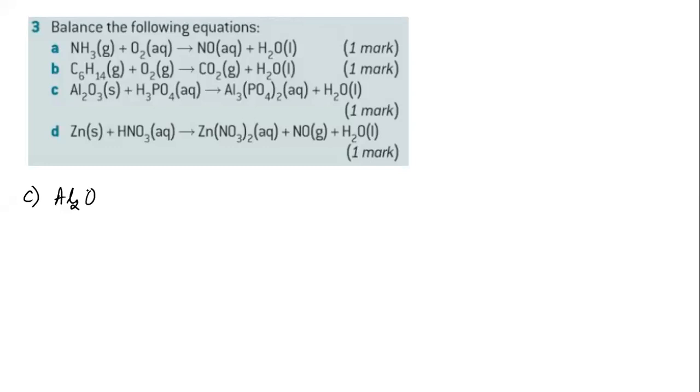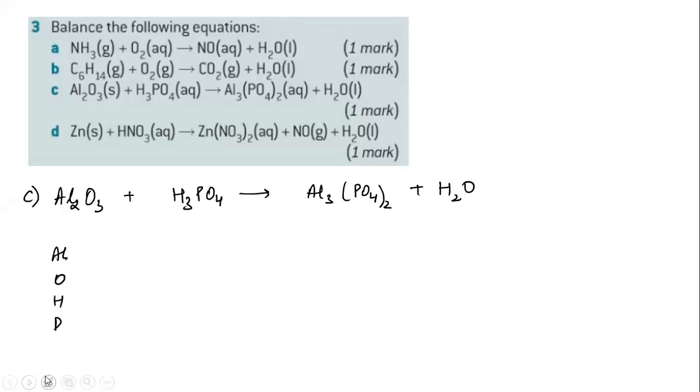See, I am also trying in front of you. Al2O3 plus H3PO4 gives you Al(PO4) whole twice plus H2O. So always write like this: aluminium, oxygen, hydrogen, phosphorus.